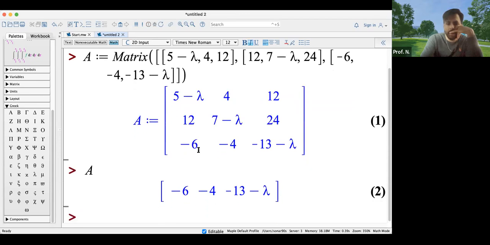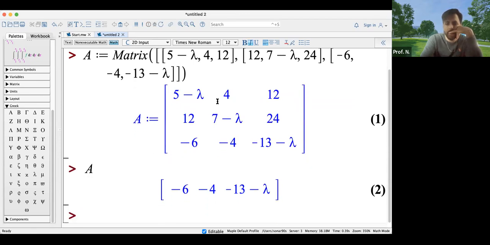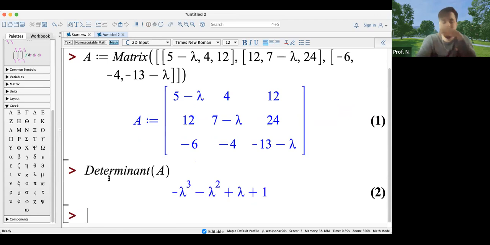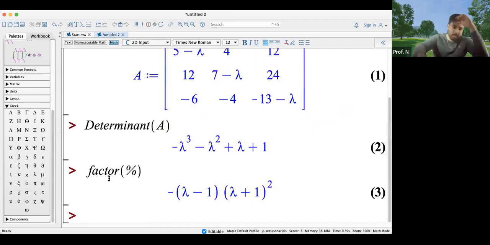So now we're talking. So now this is the matrix, right? Now after you've downloaded the linear algebra package, you can use a function called determinant. You're taking the determinant of A. Boom. So this is my polynomial. And you can actually factor this polynomial, and you get exactly what you should get.